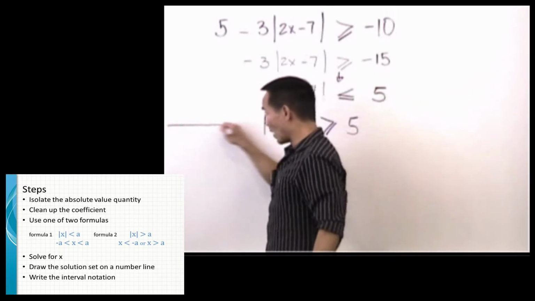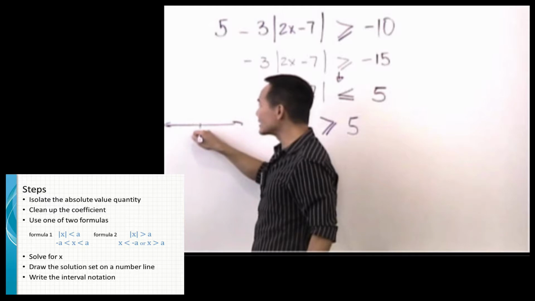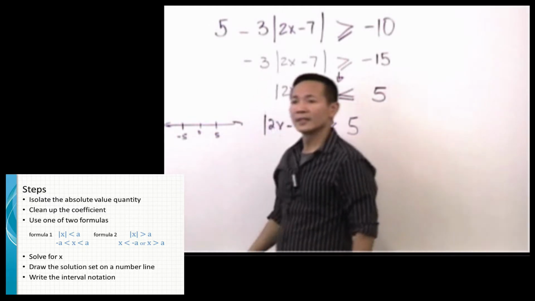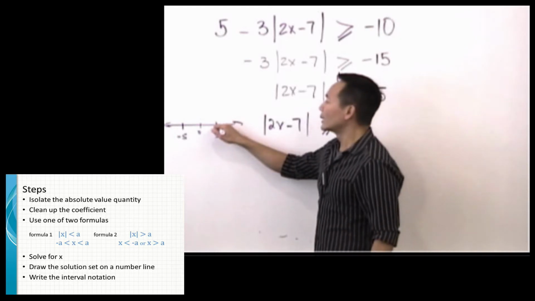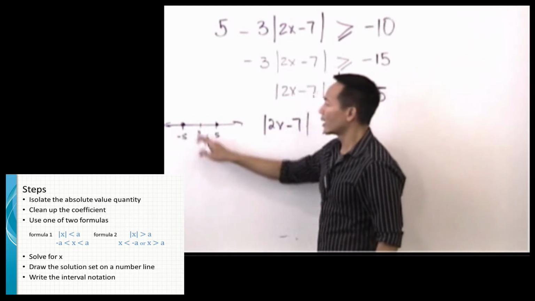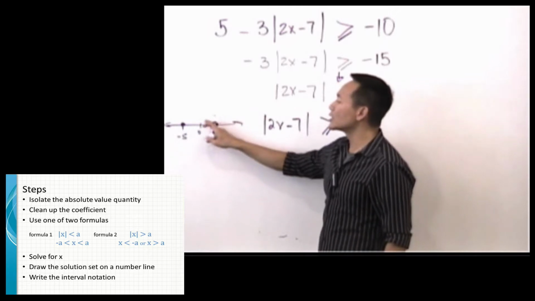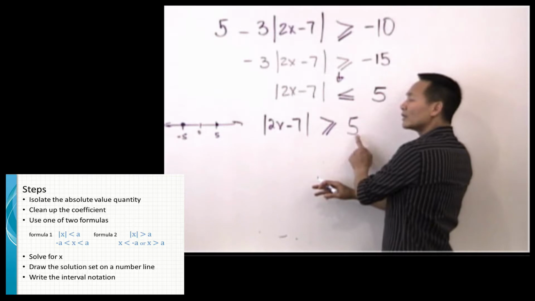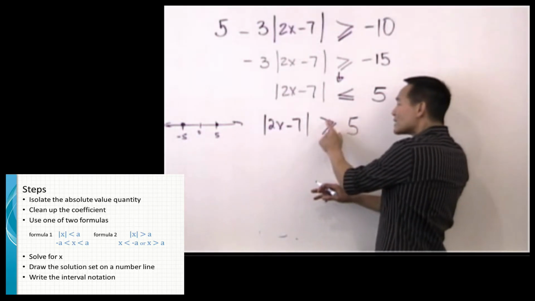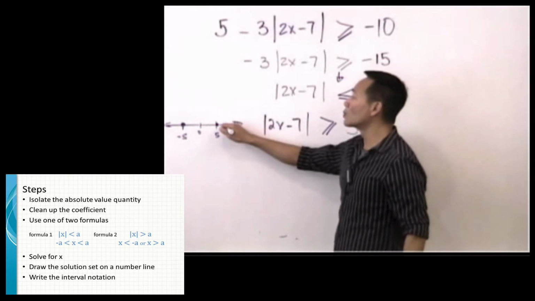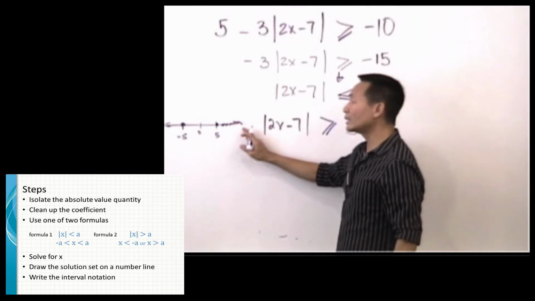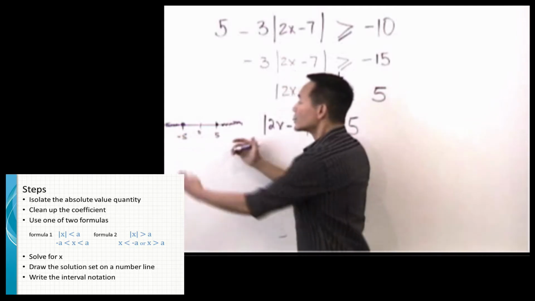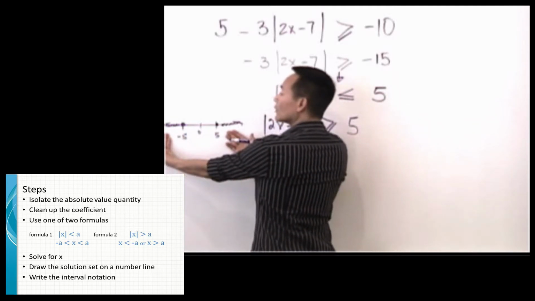I just want to show you on the number line. This is 0, this is 5, and this is -5. And of course, at these 2 points, we have 5 distance units from 0. But if we want more than 5 distance units from 0, you go beyond 5 to the right, or you go beyond -5 to the left. So we go to these 2 intervals right here.